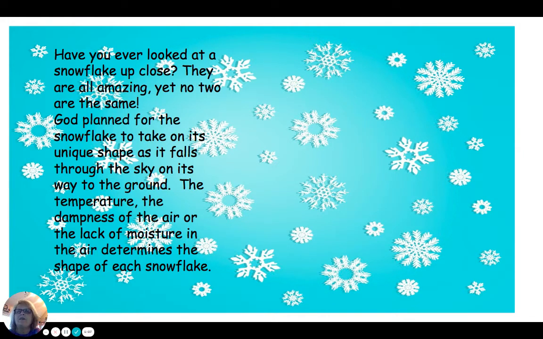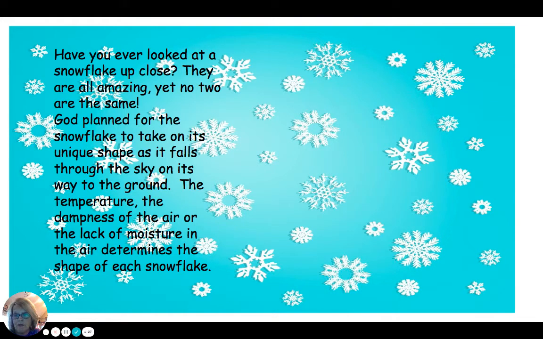It says, have you ever looked at a snowflake up close? They are all amazing, yet no two are the same. God planned for the snowflake to take on its unique shape as it falls through the sky on its way to the ground.